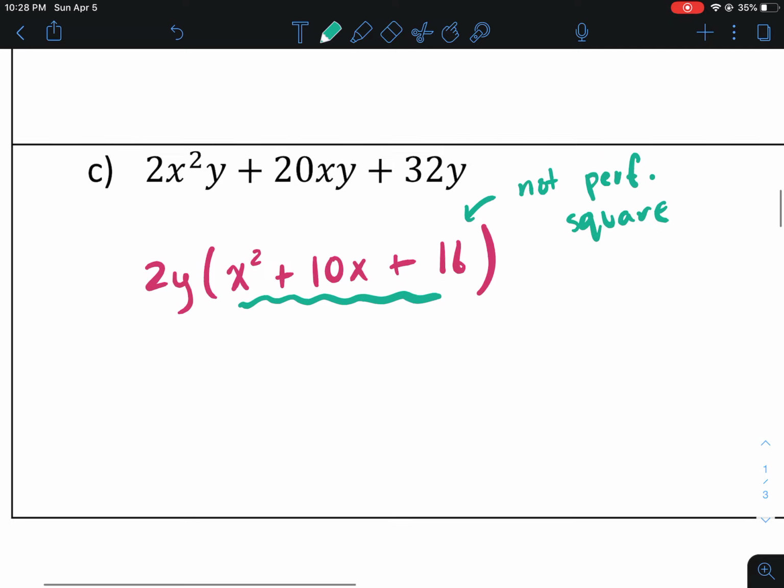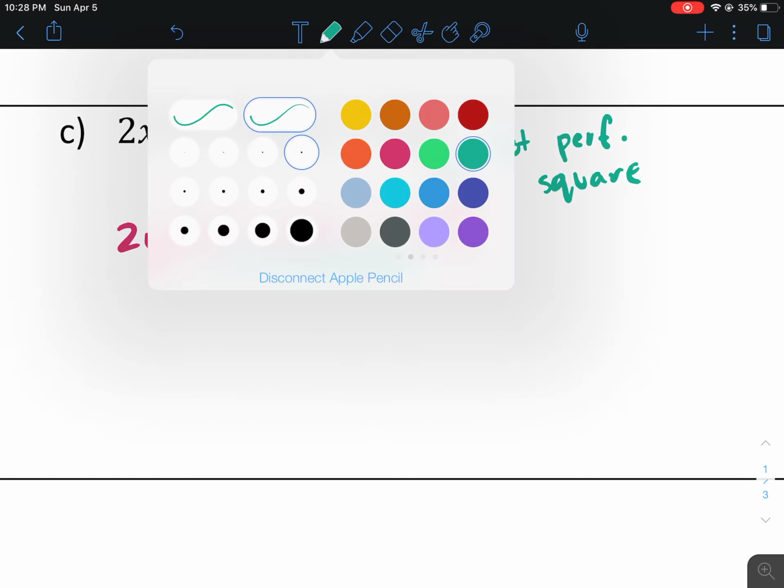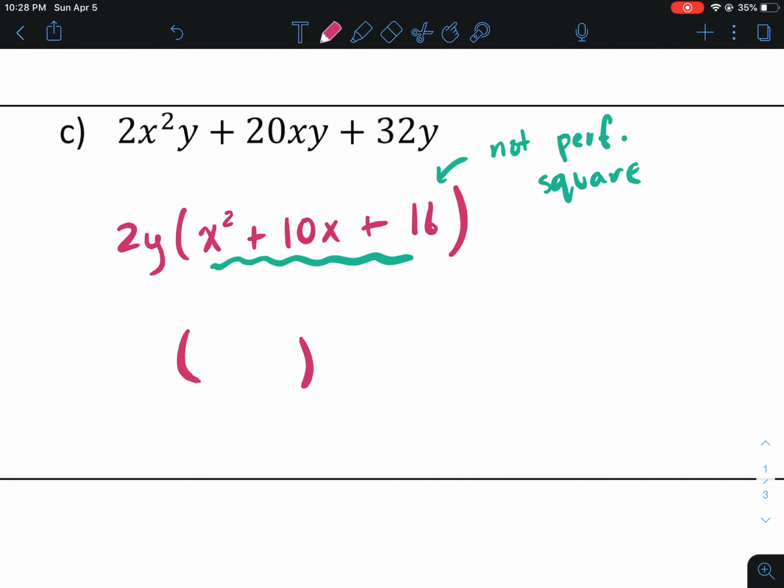But that doesn't necessarily mean it can't be factored. We learned last week that when we have an x squared, to factor this, we want two numbers that multiply to 16 and add up to 10. Remember the product-sum? We want a product of 16 and a sum of 10.